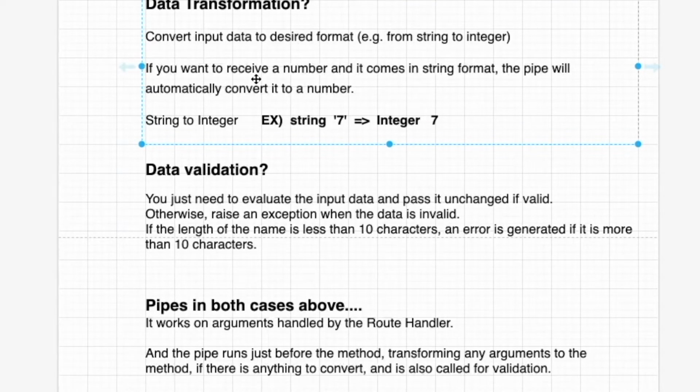If you want to receive a number and it comes in string format, the pipe will automatically convert it to a number, like string to integer. So we actually want the number 7 or number 6, but that comes as a string 7. So we want to change this string 7 into integer 7.